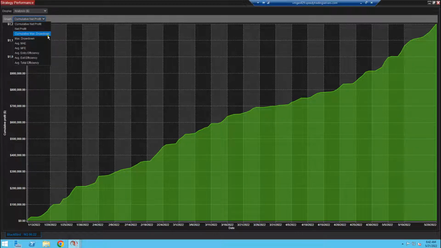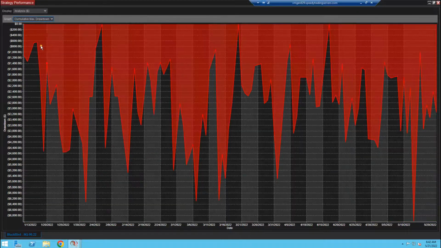You can see where your max drawdowns occurred. So you can see that it can get kind of expensive holding this strategy.